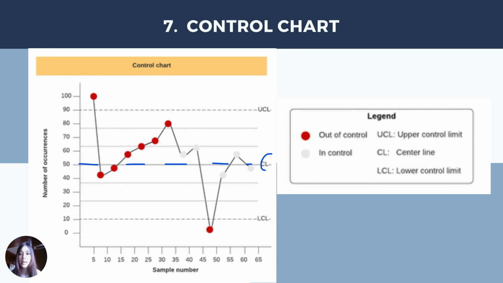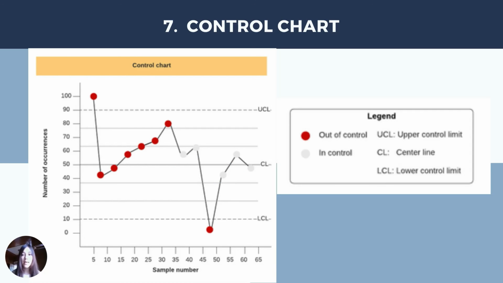This is the central line, as well as an upper and lower line to depict upper and lower control limits based on historical data. Here in the example, the upper control limit is here, the lower control limit is here, and the mean or average is here. The dot marked with red color means out of control, and the one marked with white color means in control.